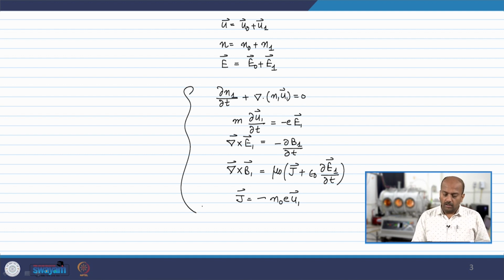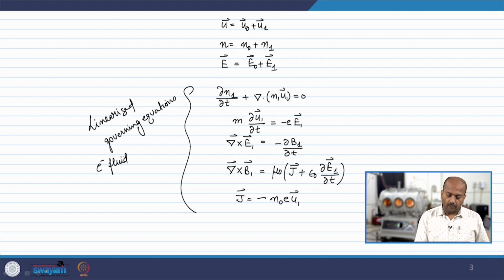These are the linearized governing equations, which are a combination of electron fluid equations and the relevant Maxwell equations, right.